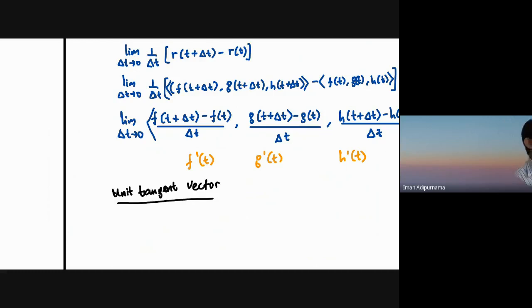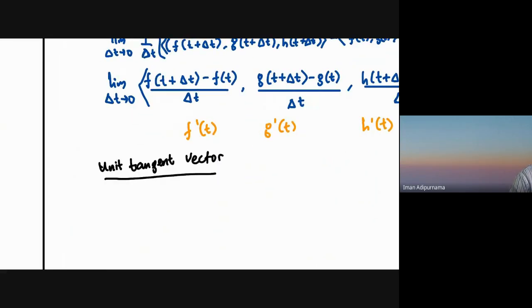The definition is still the same as in chapter 12, but for the unit tangent we usually use the symbol T, the big T. And this is r prime divided by its magnitude. Same definition as chapter 12, but we are using r prime for the tangent.